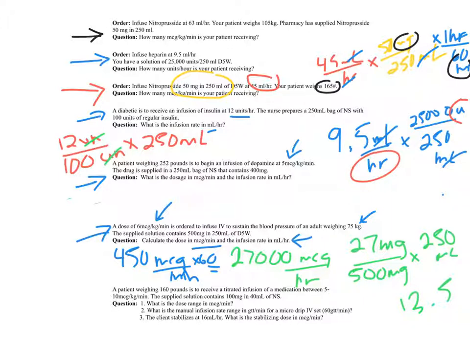So patient weighing 160 pounds. So remember, 160 divided by 2.2 is 72.7. I think in peds sometimes they're a little particular. It says 72.72727272. Sometimes they want you to use that whole thing, and then you just round it when you get to the end.